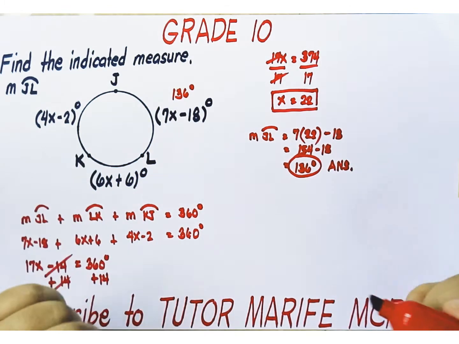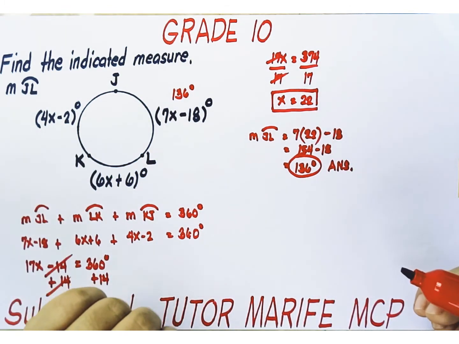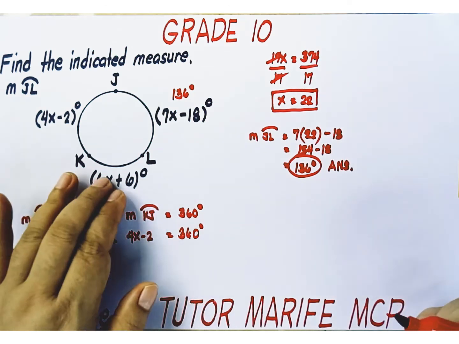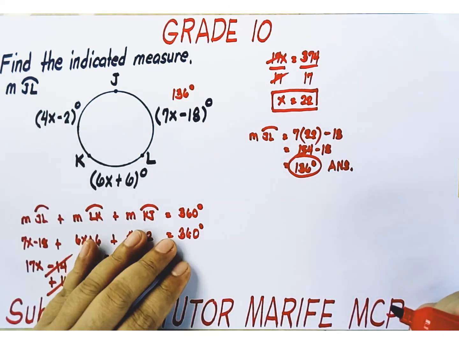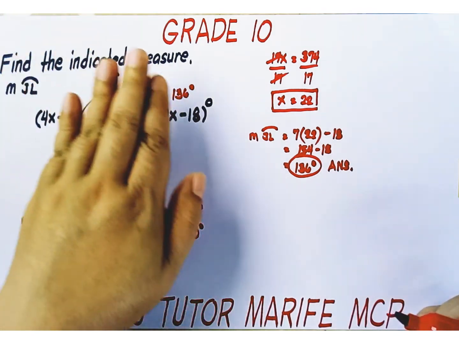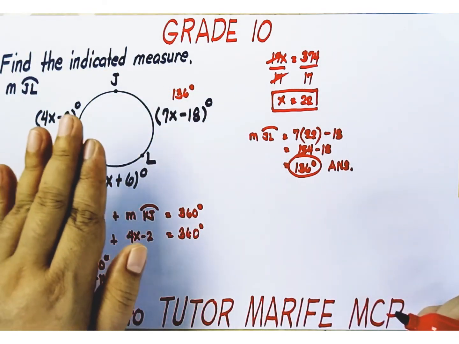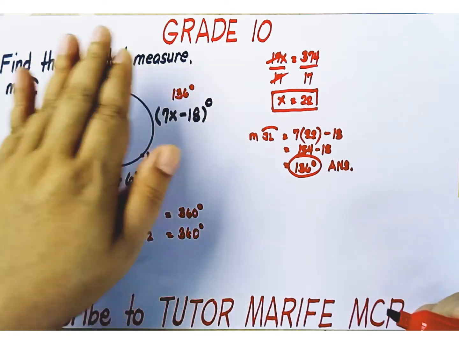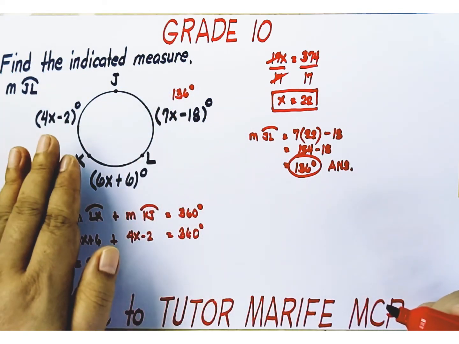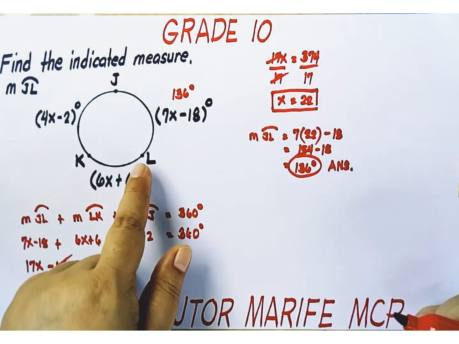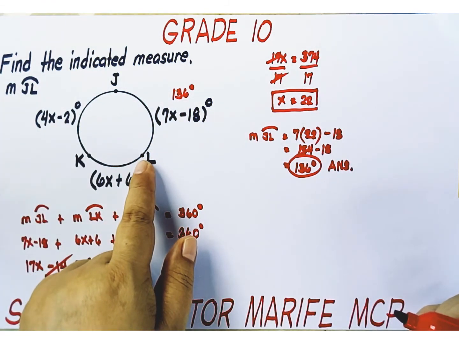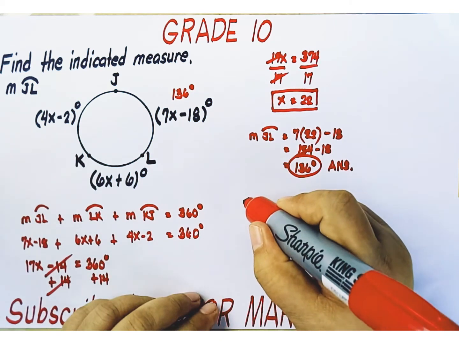Let's double check our answer by finding also the actual measures of the two other arcs, and let's try to add up all the three arcs and find out if we get a total of 360 degrees, which is equivalent to the circumference of the circle. Let's solve for the actual measure of arc LK.